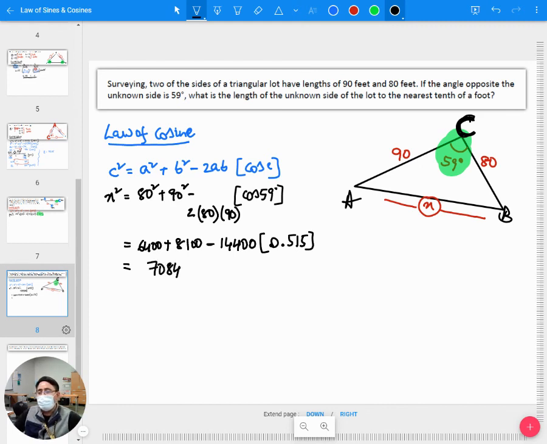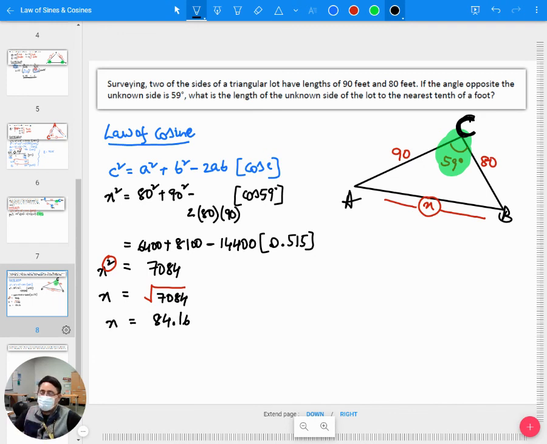The last step to solve this question is, as you know, if there is a square, we have to compute the square root of this one. Therefore, the value of x is the square root of 7084. Let me make use of my calculator. That is giving me 84.16.